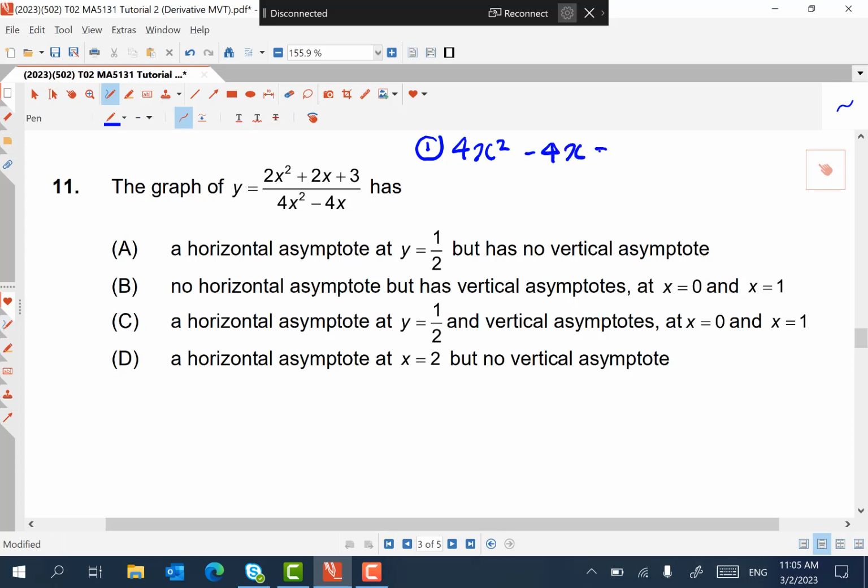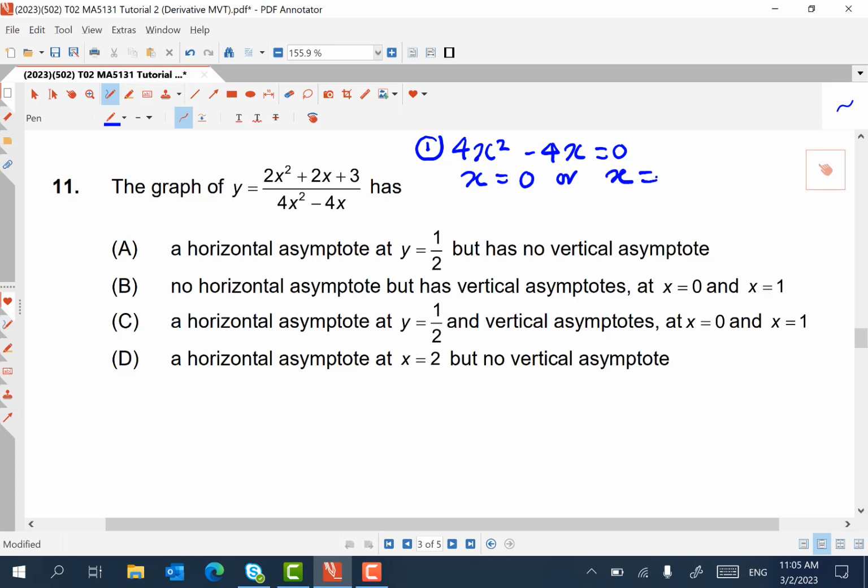If you put the denominator to 0, you get x equals 0 or x equals 1. Then you check the numerator. When x is 0, will the numerator be 0? Nope. When x is 1, will the numerator be 0? Nope. If that's the case, then these are the vertical asymptotes.